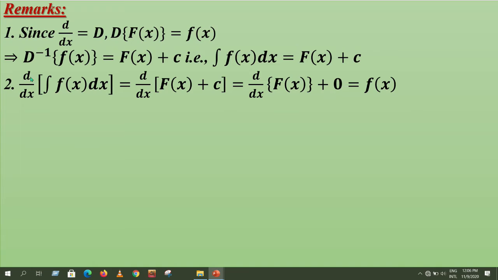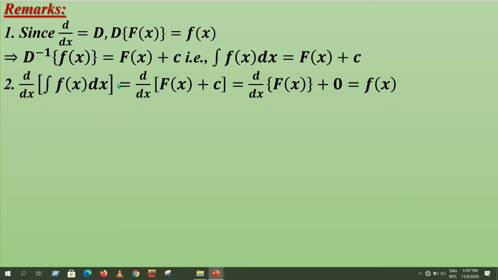Number 2. At first the derivative, then the integration. But when you calculate, at first you have to solve the integration part, then the derivative. So after solving this part, the derivative of this is equal to the derivative of capital F of x plus c, because integration of f of x dx is equal to capital F of x plus c.